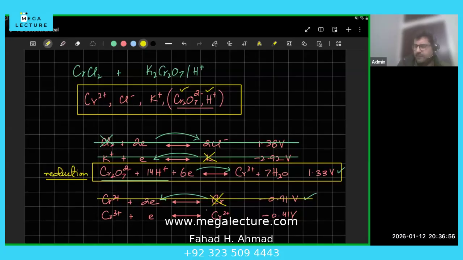So minus 0.41 का मतलब है कि this is the one that's going to lose electrons. And we do have Cr2 plus. ऊपर Cr2 plus is there. Okay, so we figured out of all of these, it's going to be Cr2 plus that will be the one that will oxidize or lose electrons.